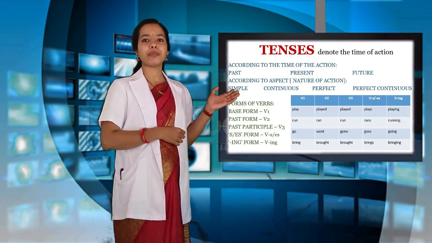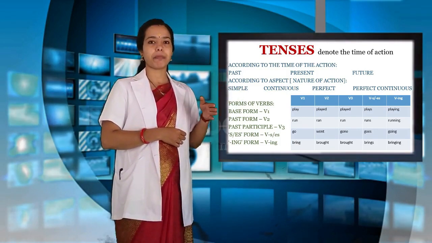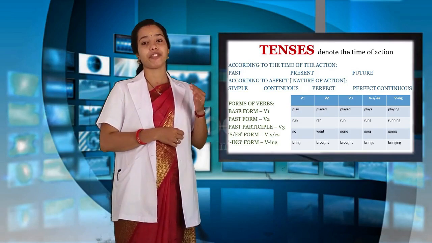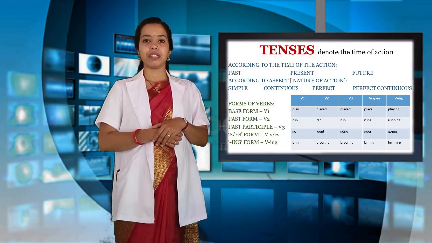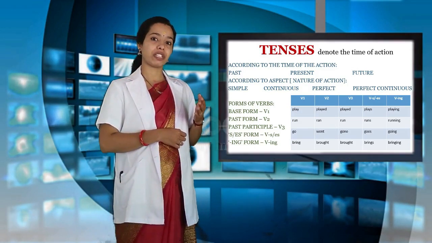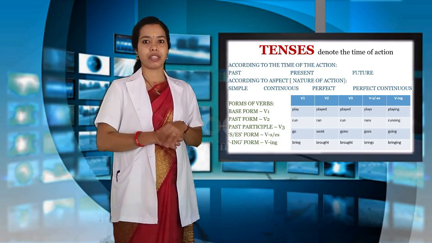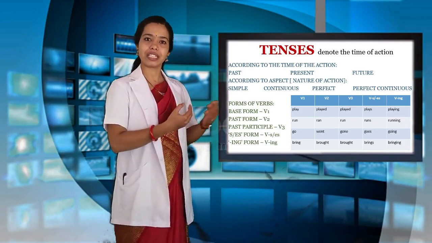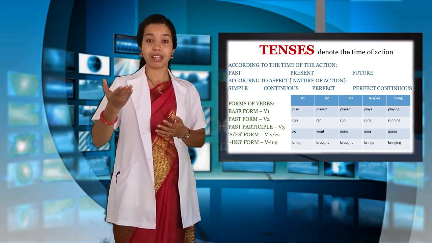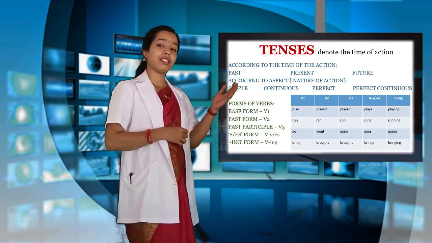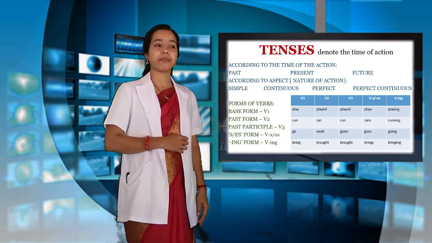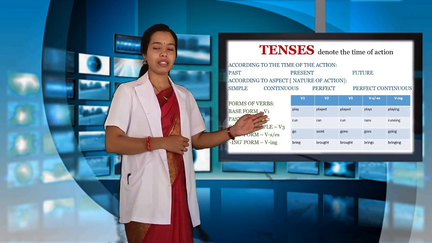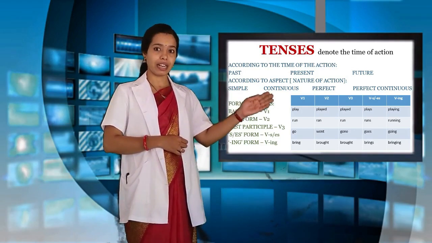Some verbs easily form their past form and past participle form by adding ed. But there are certain other verbs which are known as irregular verbs, just like the example run. How will you change it to simple past? Yes, ran. And if you change it to past participle, again it is run. If you add S or ES, runs.